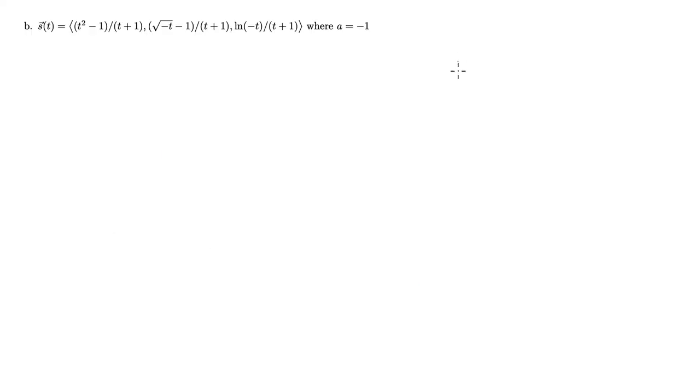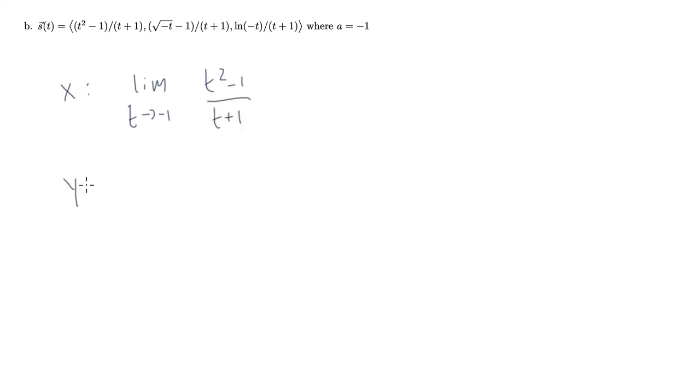So this is just more Calc 1 review. To take the limit as t approaches, in this case, -1, we just want to take the limit of each of the component functions. So we want the limit as t approaches -1 of t squared minus 1 over t plus 1.